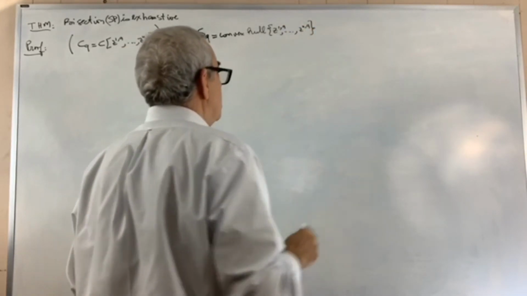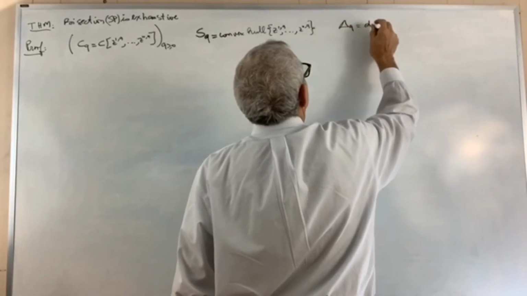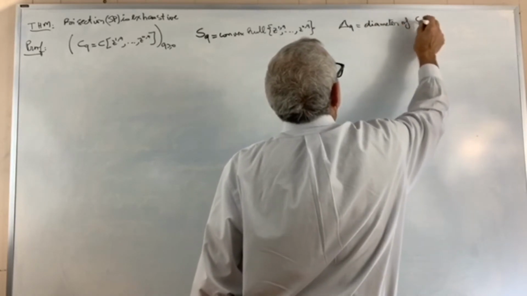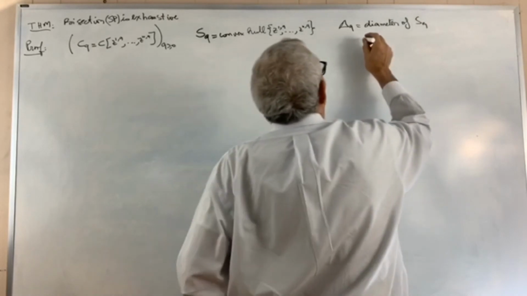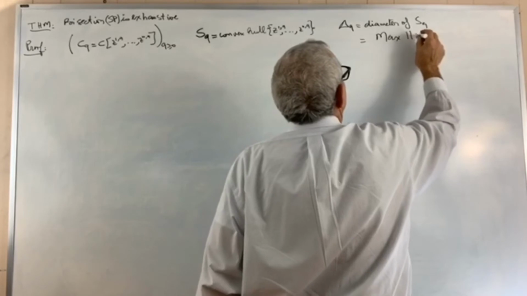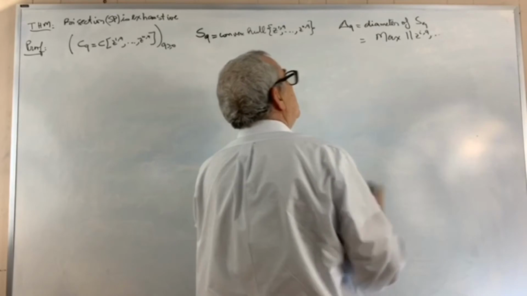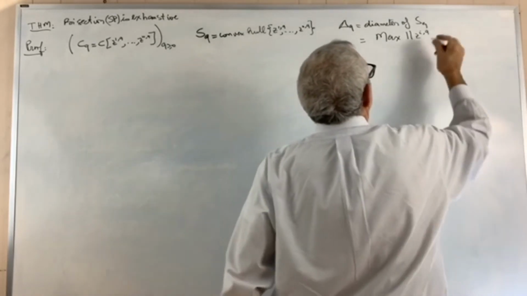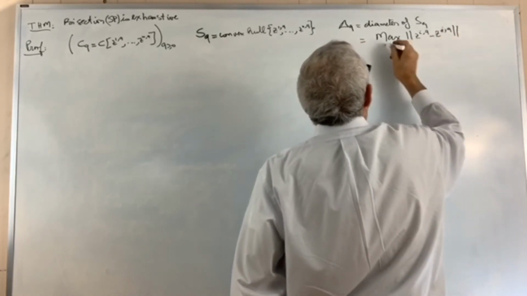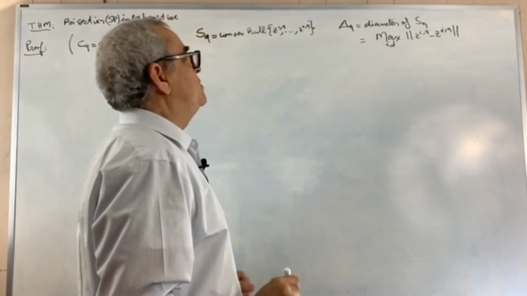And then we're going to define the diameter, delta Q, of SQ, by the maximum of the norm of ZIQ minus ZJQ over all I, J. It's the length of the longest edge.